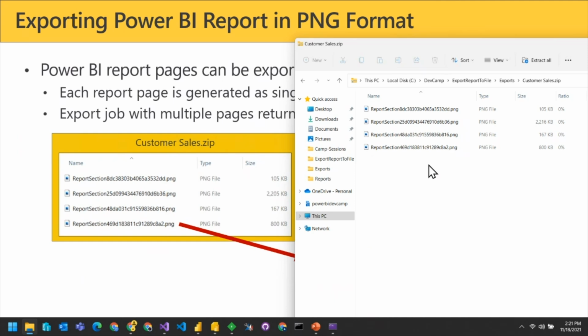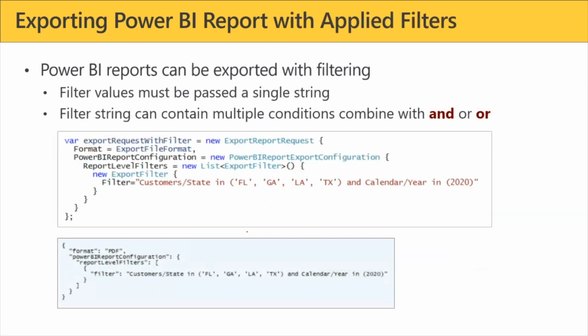If you don't know how many pages are in the report that you're exporting, you really don't know if you're going to get a .zip or a .png file back. And once again, one of the neat things about calling the API is you get the status back, and once the file is ready, there is a property that tells you whether it's a .zip or a .png file. Okay, now let's keep going.